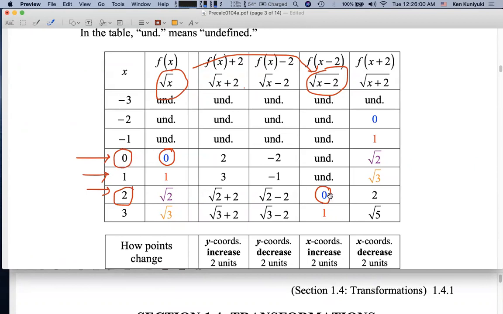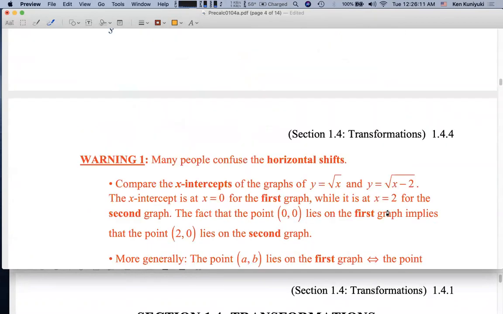So basically what happens at x equals 2 on the new graph happened at x equals 0 on the old graph. Here I'm doing an analysis of x-intercepts. Look at this warning over here.